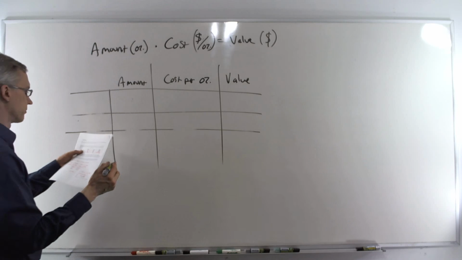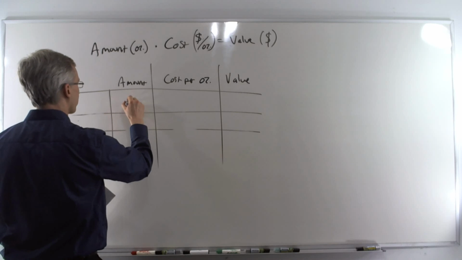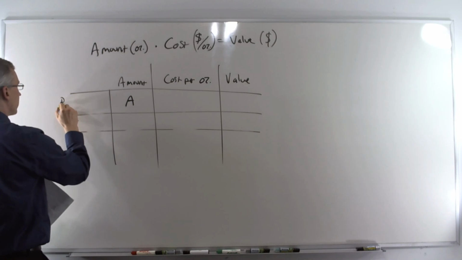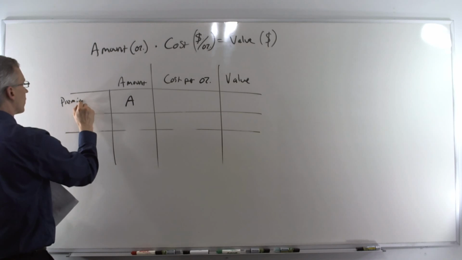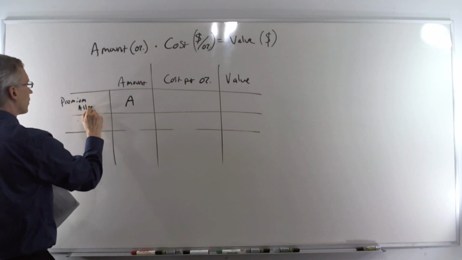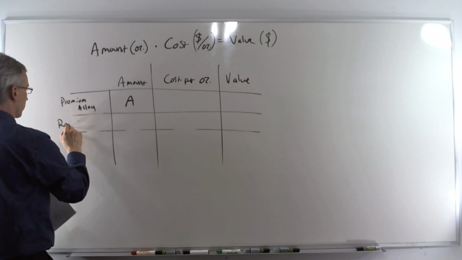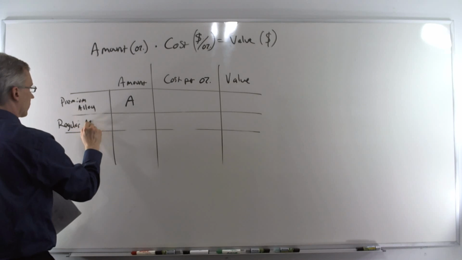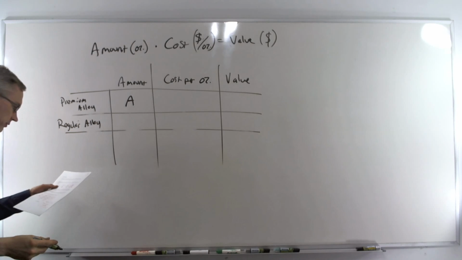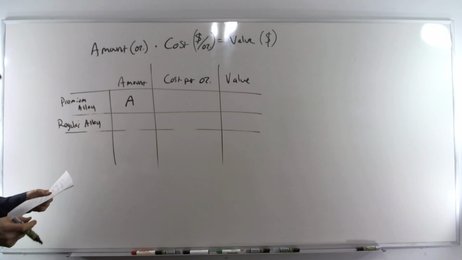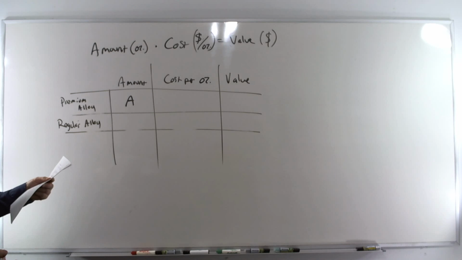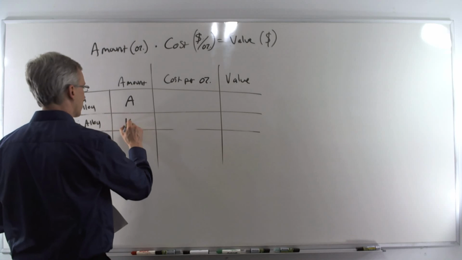So that's our variable. I'm going to use A for the amount of the premium alloy. And for the regular alloy, we're given that we have 100 ounces of that.